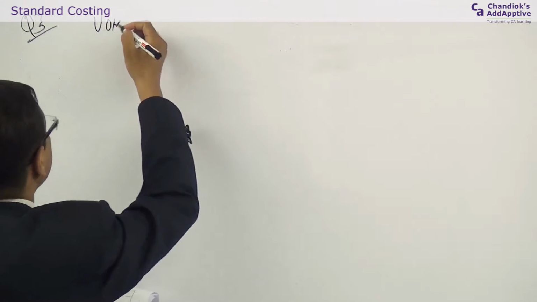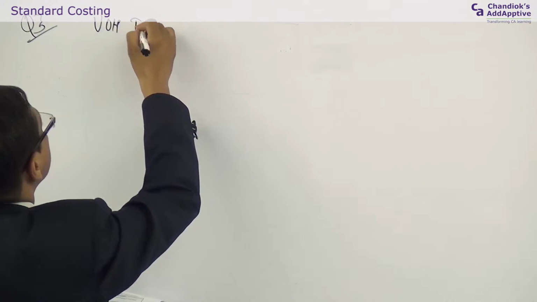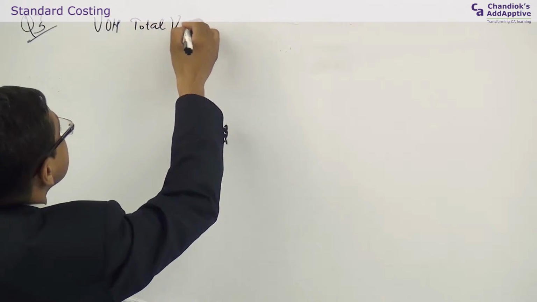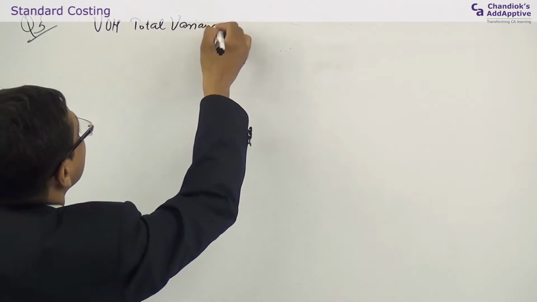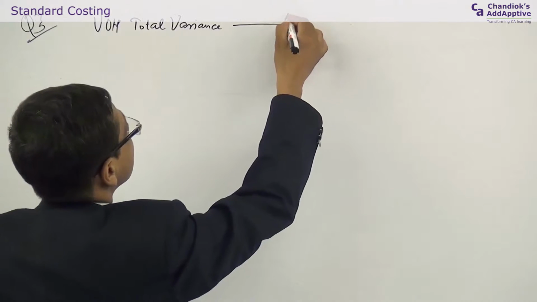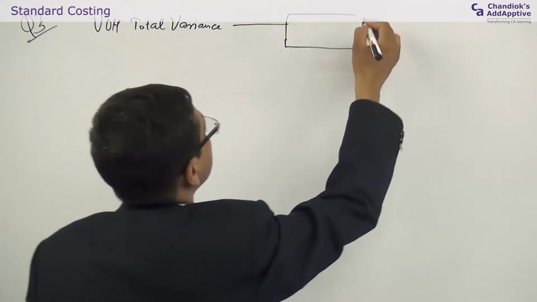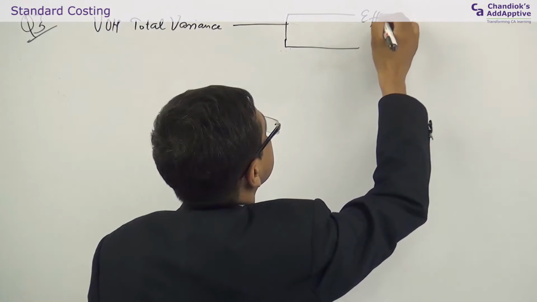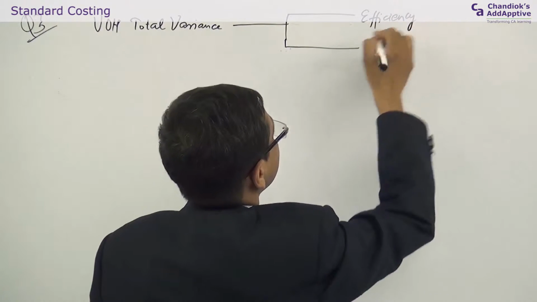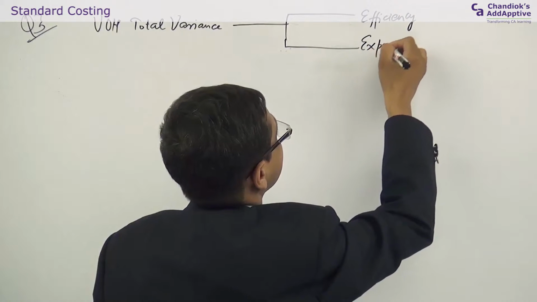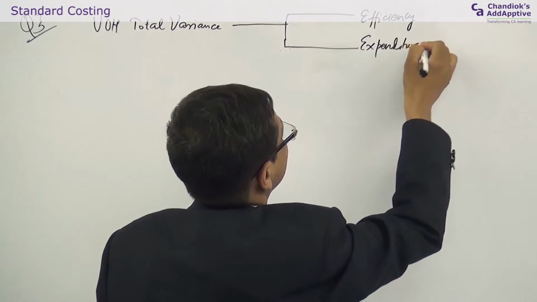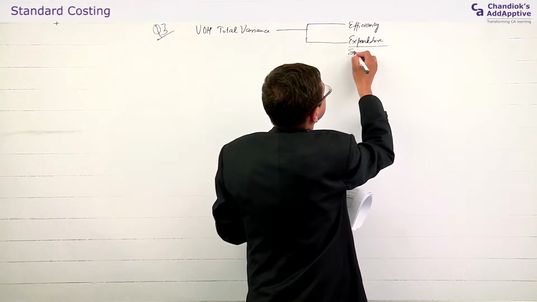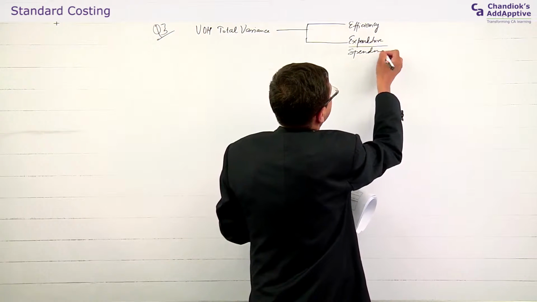Variable overhead total variance, this is bifurcated into efficiency and expenditure. Expenditure is also known as spending variance.